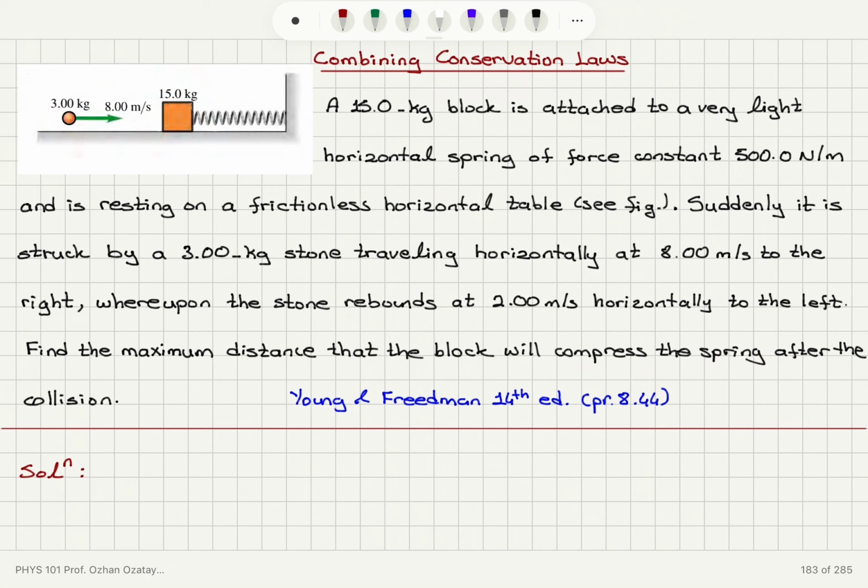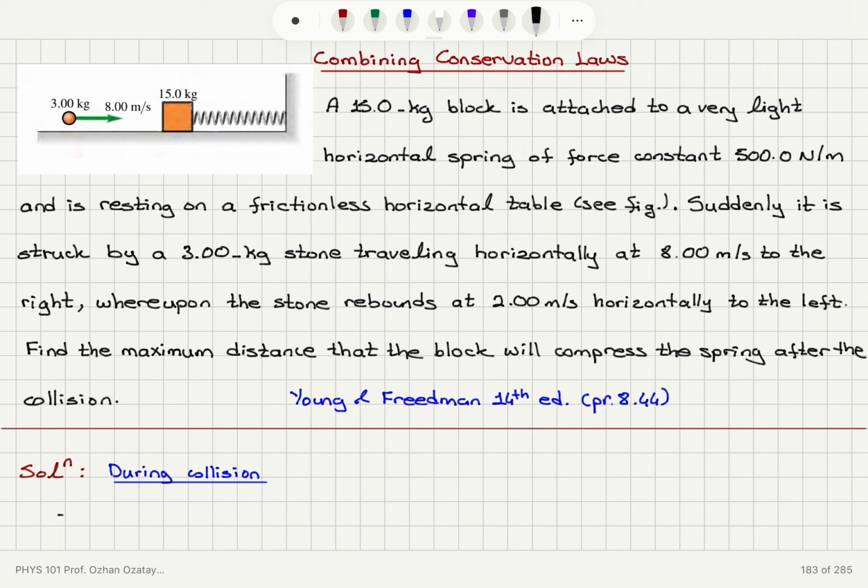So if I concentrate on what is happening during the collision, the spring is relaxed, so there is no spring force, there is no friction. So when this stone hits this block, there is no external force acting on the system.